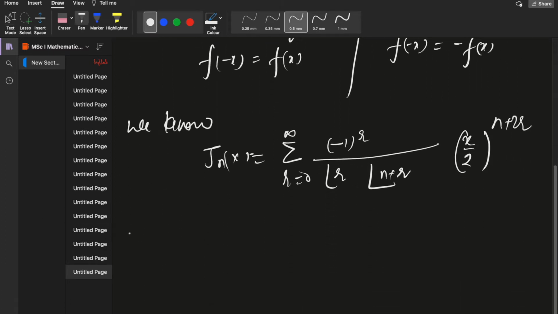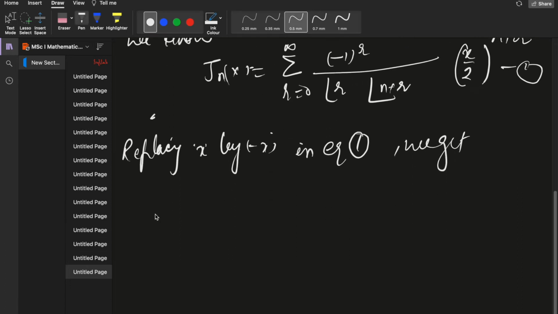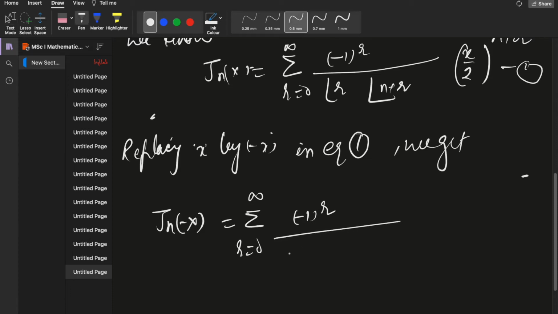Just to fulfill this condition, replacing x by minus x in equation 1, say this is equation number 1, we get Jn(-x) is the summation r from 0 to infinity of (-1)^r upon factorial r, factorial n plus r, times (-x/2) to the power n plus 2r.